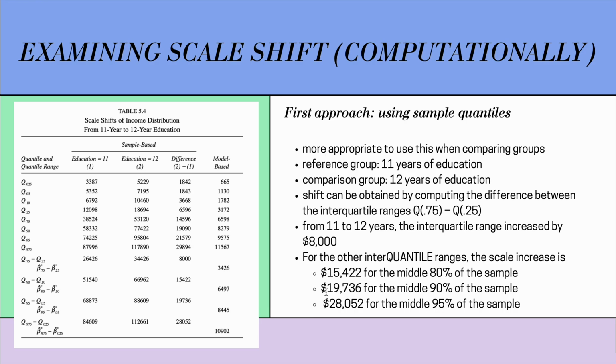So, for the remaining, we have 19,736 for the middle, this time, 90% of the sample. Dito naman siya nanggaling. And for the last one, we have 28,052 for the middle 95% of the sample, which also came from here.